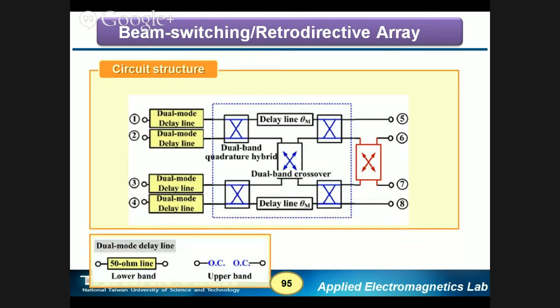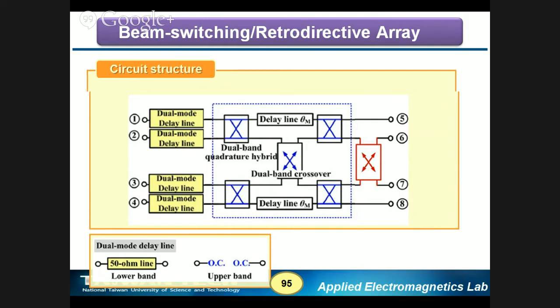The dual mode delay line means it is a transmission line in the low band, a 50 ohm line, so for the Butler matrix it is just an input port. And for the upper band, I mean for the other band, they become an open circuit at the input port. So they become the reflection load for the reflection type retrodirective array, RDA. Okay, it's fine.